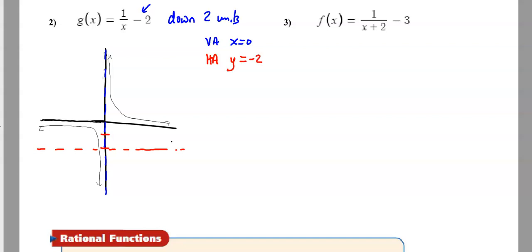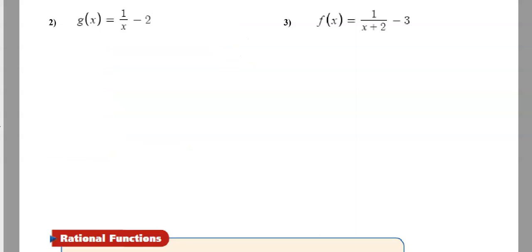And now I'm trapped in a different place. My new function is going to go right there, and it'll come down, down, down. So it's still the same smooth curve, just where it's trapped is in a different place now. So more of the story: the back number shifts it up or down, and it does exactly what you would think.